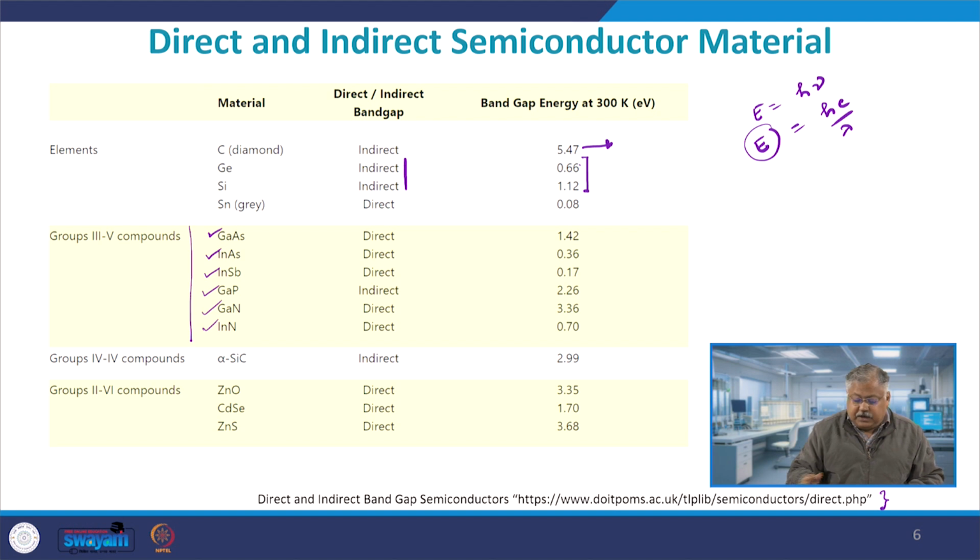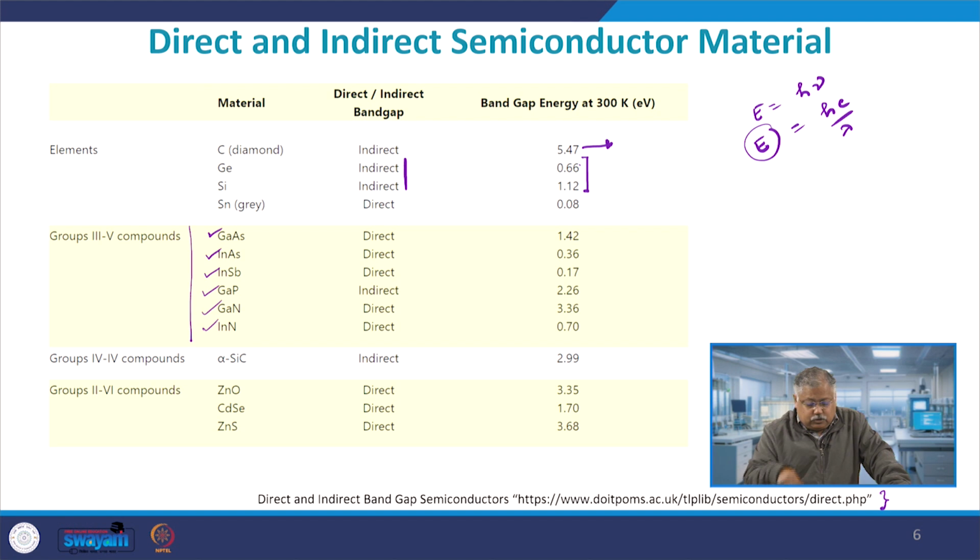Interestingly, as you move from elements to compound 3-5 semiconductors, most of them, except gallium phosphide, are direct band gap materials. Gallium arsenide, indium arsenide, indium antimonide, gallium nitride and indium nitride all fall in the line of direct band gap materials, which means that in all these cases the change has nothing to do with momentum change. It has more to do with the energy change from the lowest of the conduction band to the highest of the valence band.